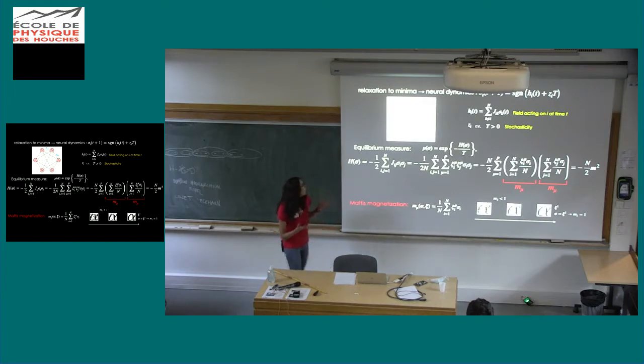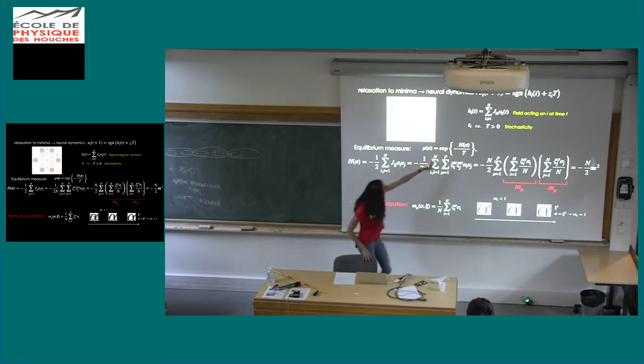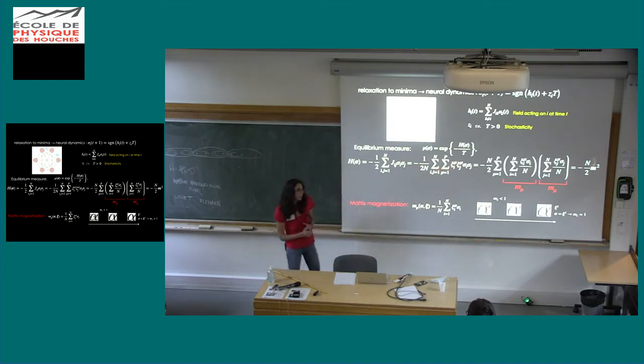It can be proved, but I will not go into detail, that this network will converge to an equilibrium measure of this form, where H is the cost function or the Hamiltonian of the system.